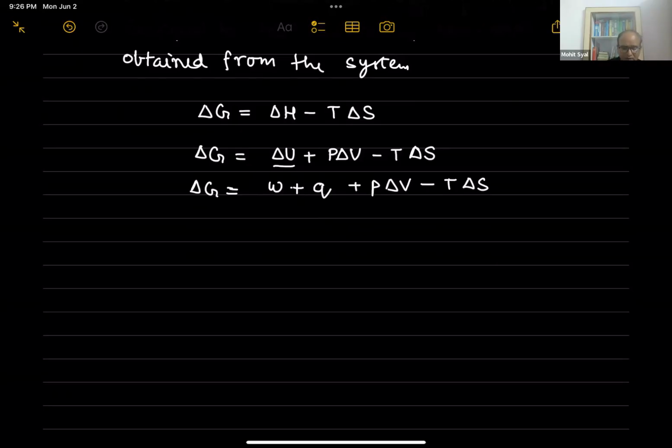And work done is equal to minus P external into delta V, right? This is also work done. This is expansion work. Actually, this work done includes both.